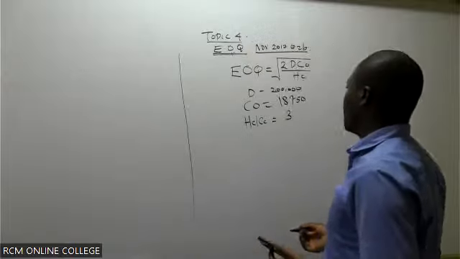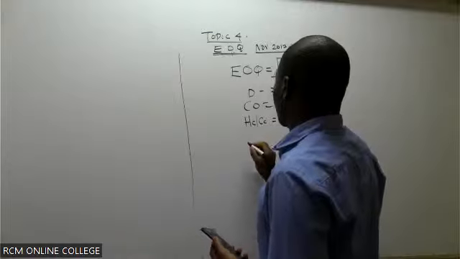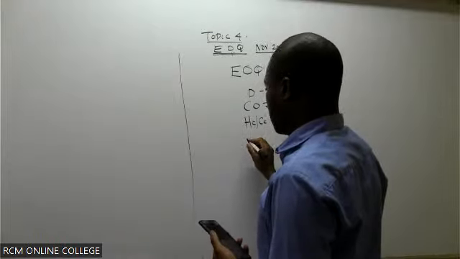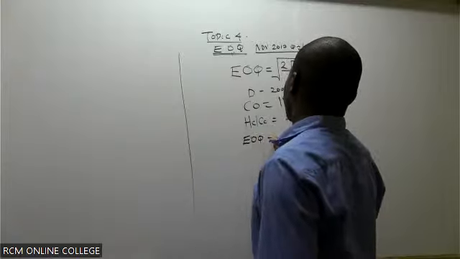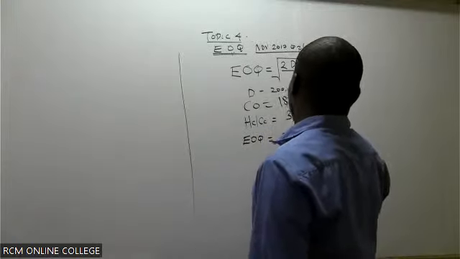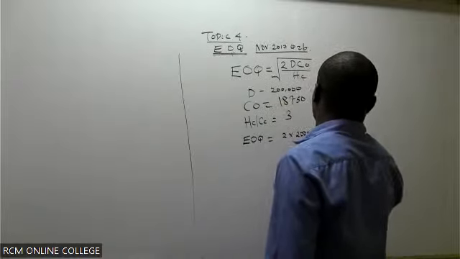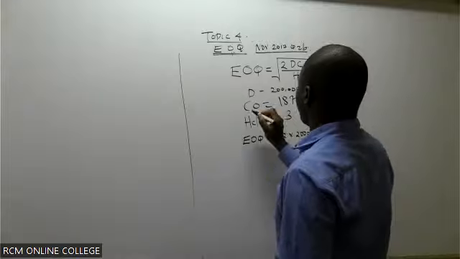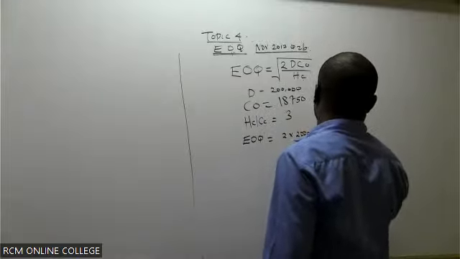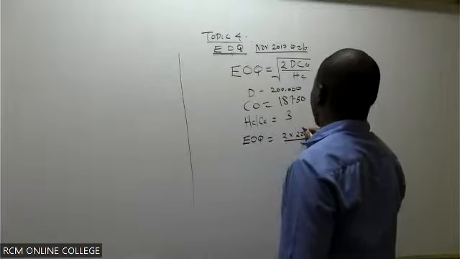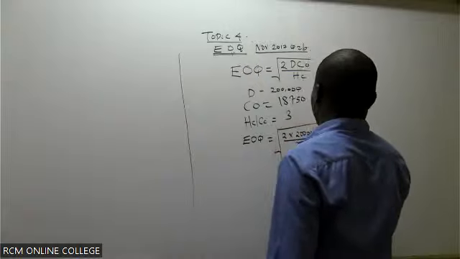Can I give just 2 minutes to calculate that for me? So economic order quantity is equivalent to 2 multiplied by demand multiplied by ordering cost. The whole of that you divide by holding cost, then you get the square root of your result.